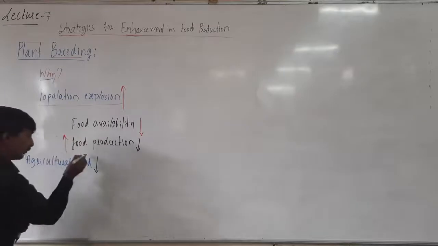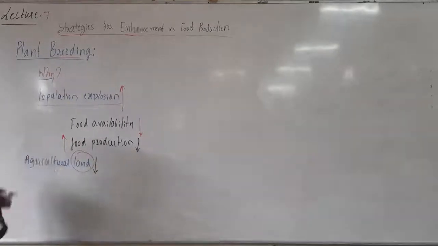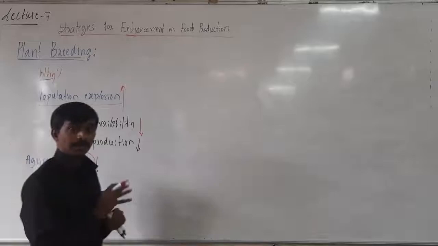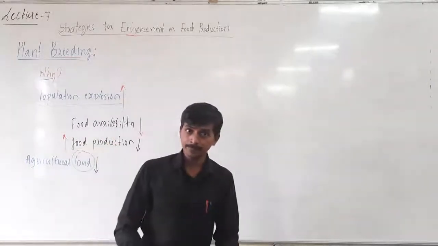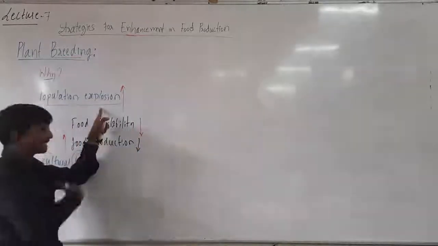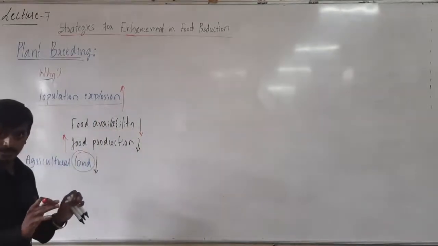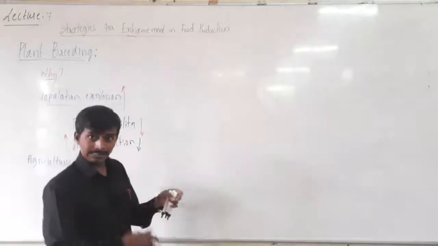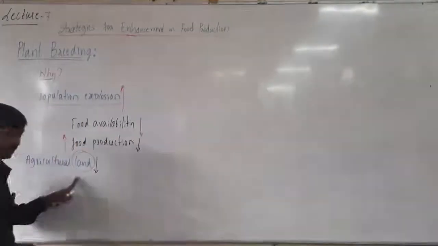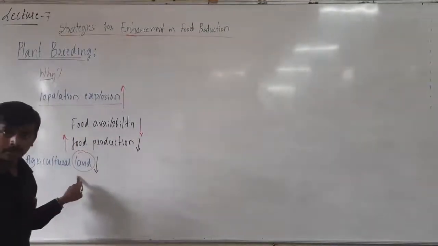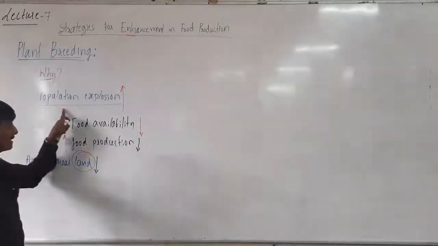So now the task is to increase the food production with the available amount of land. Imagine I have 10,000 hectares of land, but the population is increasing. But land will not increase. Land is going day by day, it is decreasing. Land is of the same quantity, same length, but the population is increasing.